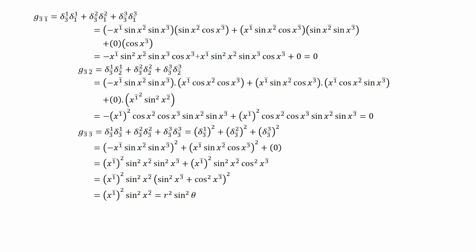Substituting these values in terms of squares, x1 bar square sin square x2 bar is common from this equation, and sin square x3 bar plus cos square x3 bar, so this result becomes 1. So we get r square sin square theta.